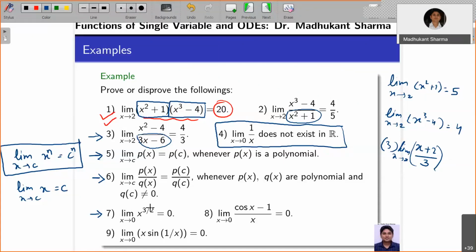That would also certainly be 0. That needs to be proved, and for that you are going to use the epsilon delta definition.